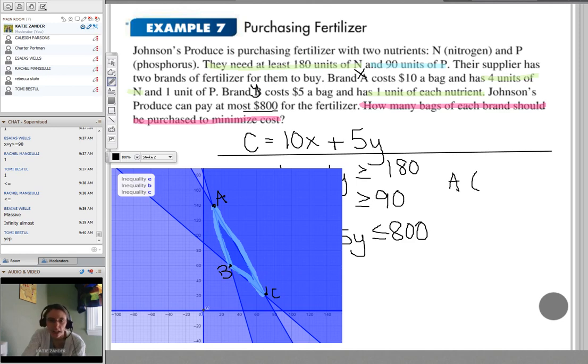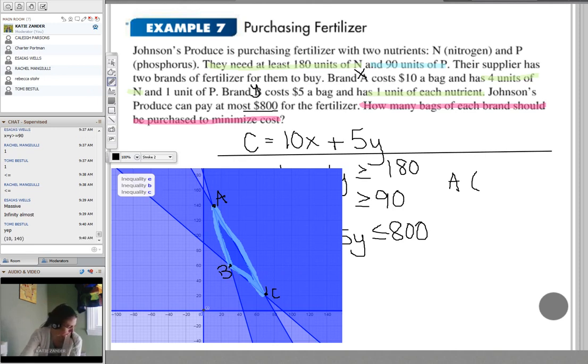So point A is happening at what value? $10,140. Yep, that's what I see as well.